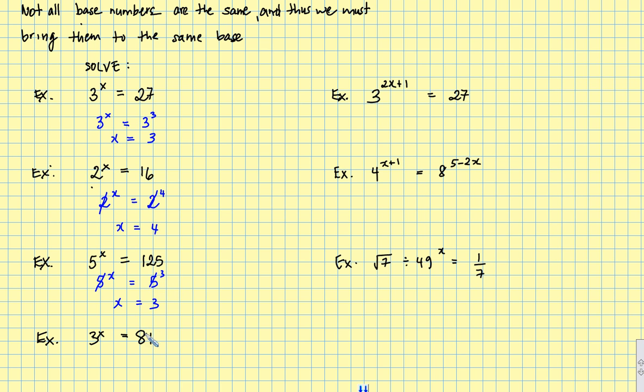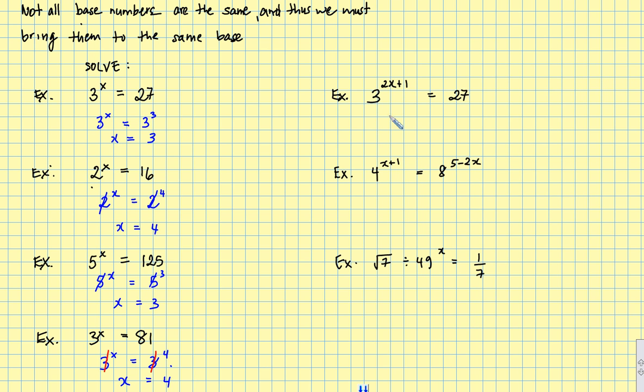We look at the next one, 3 to the power of x equals 81. Well, 81 can really be rewritten as 3 to the power of 4. And that tells me that because the bases are identical, the 3 and the 3 cancel themselves out, and so we know that x is equal to 4.